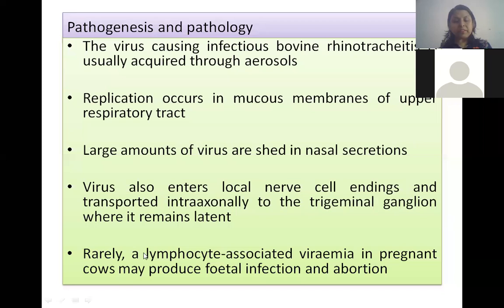If the virus infects lymphocytes, then lymphocyte associated viremia occurs, and this transfers to the uterus of pregnant animals and causes fetal infection and abortion.